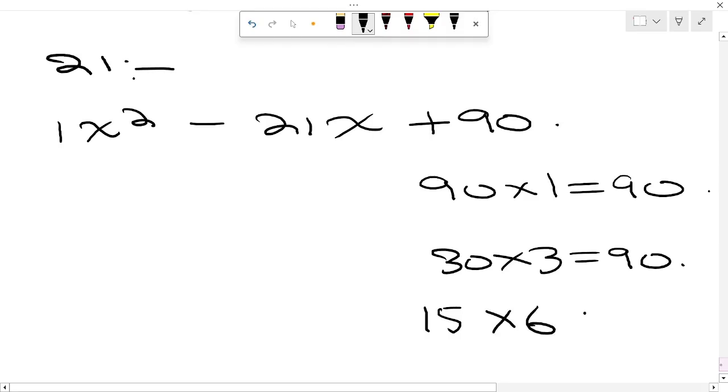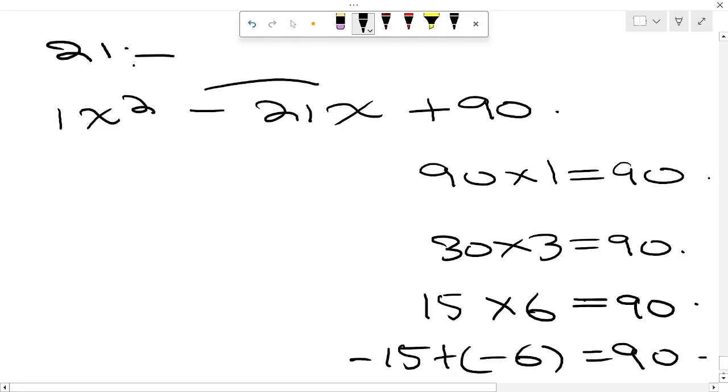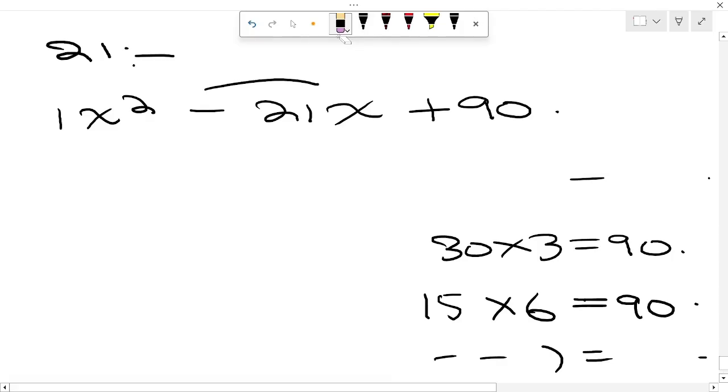If you multiply 15 and 6, they give a result of 90, and if you add them up, you get 21. So these are the factors of this quadratic equation. To be precise, negative 15 times negative 6 is equal to 90. So our factors will be negative 15 and negative 6. I'll erase this part right here, and I'll write it down.